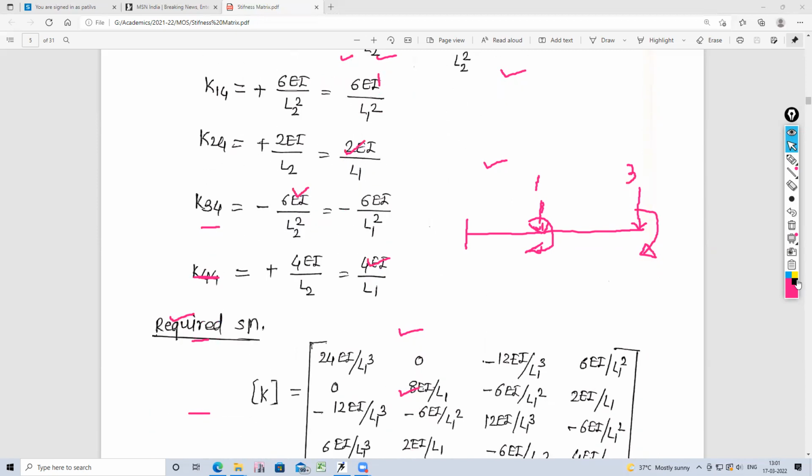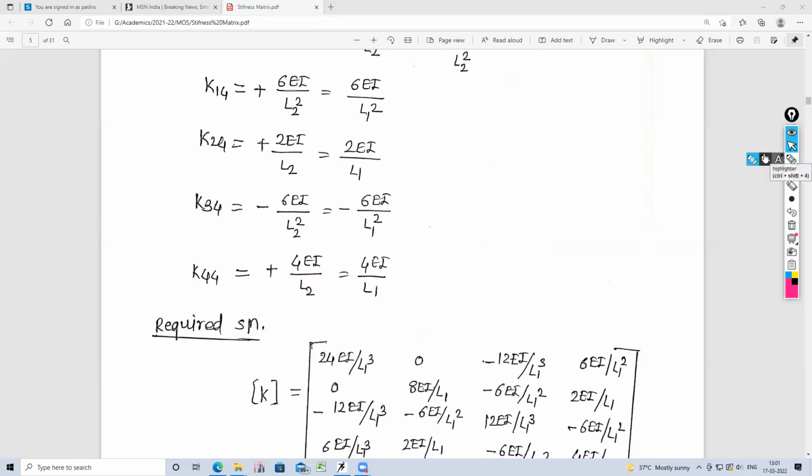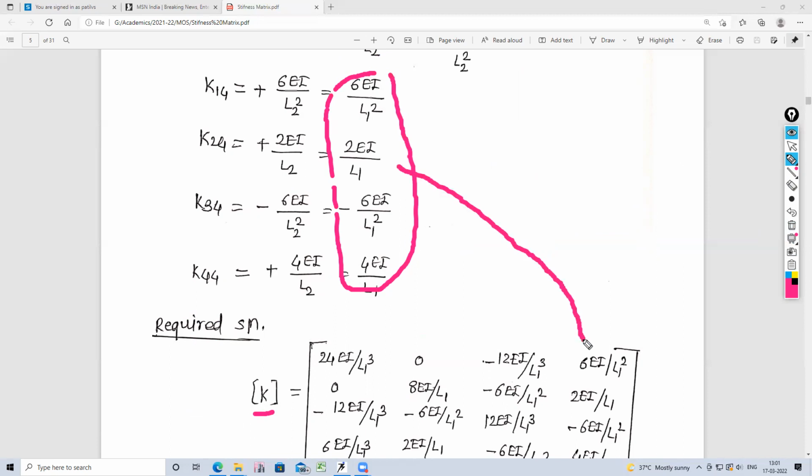Then write all the elements in matrix form. So the K matrix will be equal to, now these are all the elements in the fourth column. So write them in the same sequence.